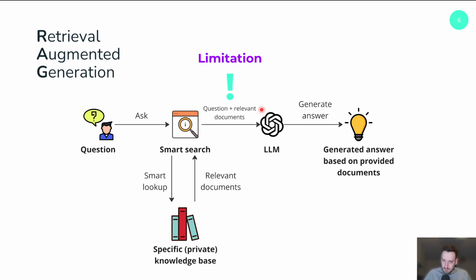The model is limited. We cannot send many pages of text to it. It cannot receive that. That's a limitation of how the model works and how the model is built. They are these days building bigger and bigger models that can receive more and more data in one go.